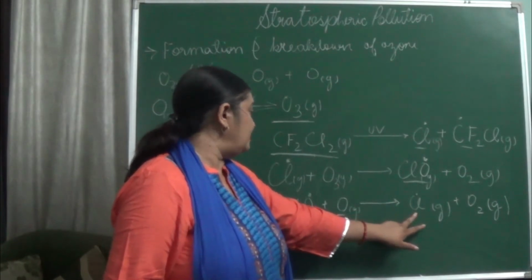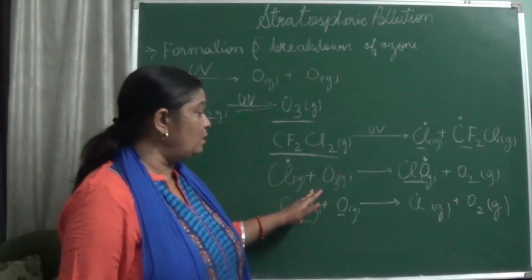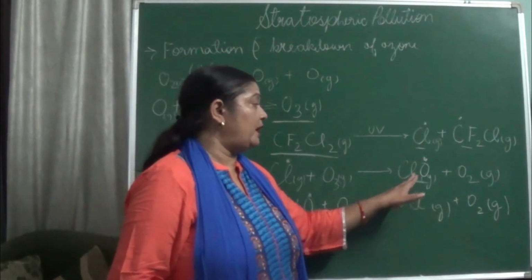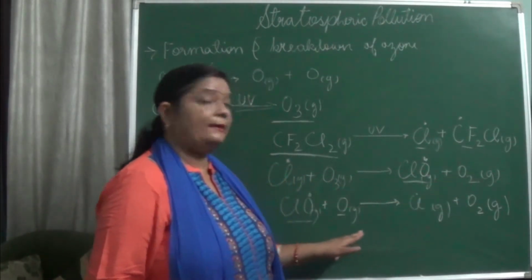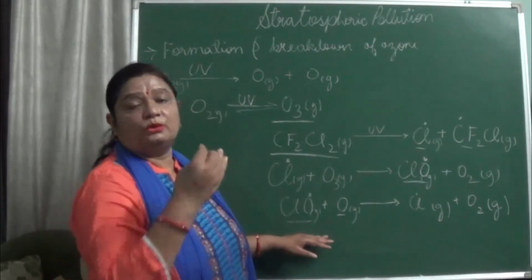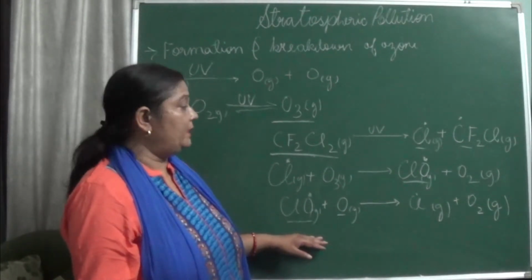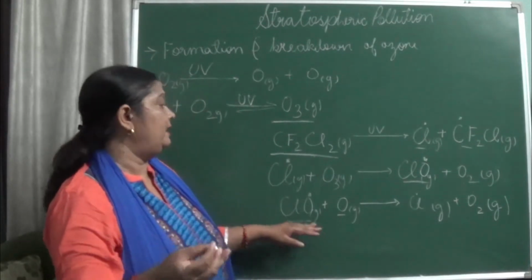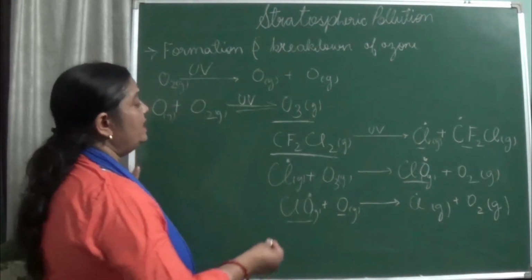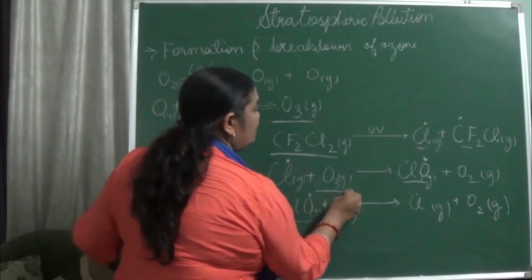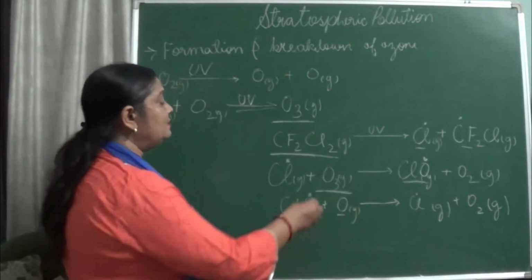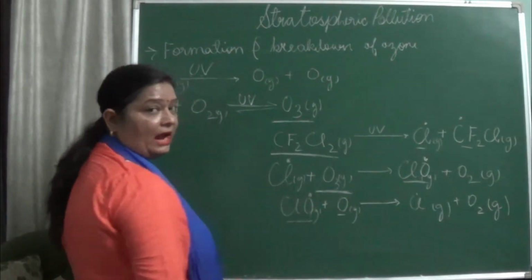This chlorine radical again combines with ozone, forming ClO again, and as a result the ozone is broken down. This chain reaction goes on again and again, and the ozone is decreased, depleted.